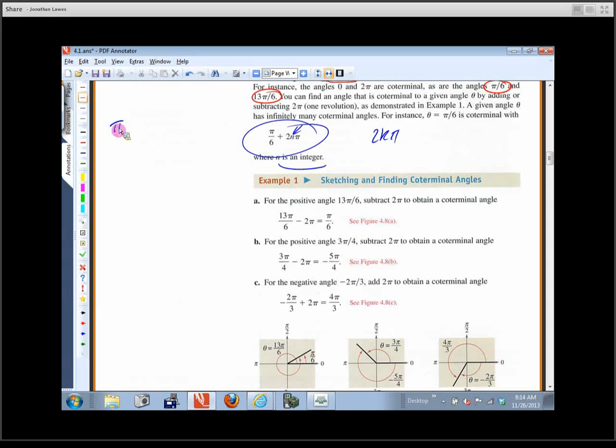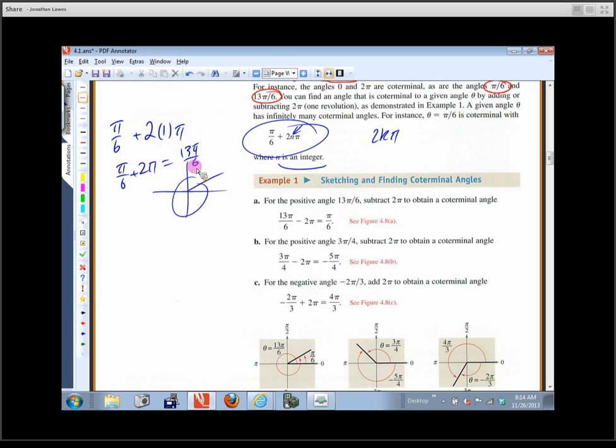So let's take pi sixths and add, pick any integer you want. Probably the easiest integer would be a 1. So if I take pi sixths and I add 2 pi, that's start at pi sixths and then go around the circle again. That's going to give us 13 pi sixths. That's why the two of those are coterminal.